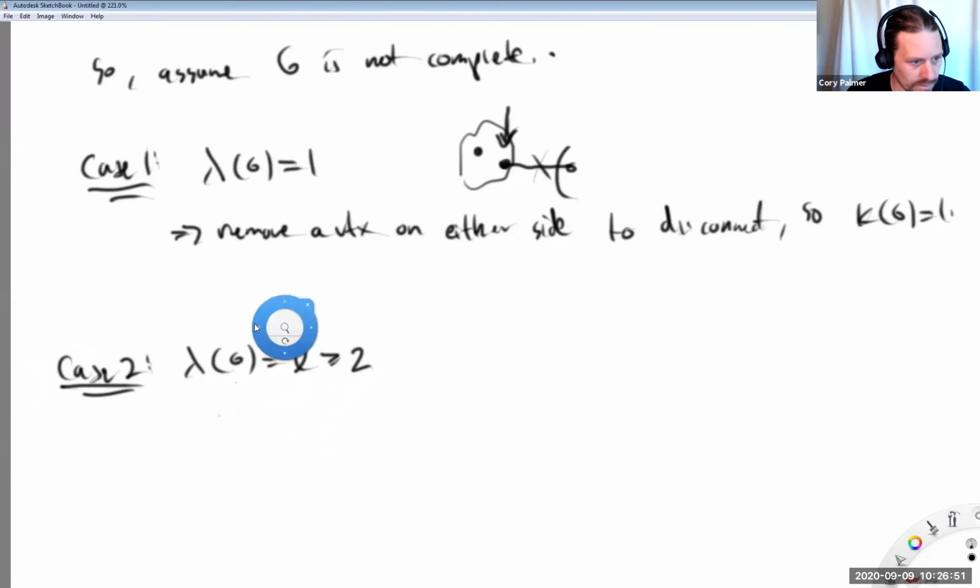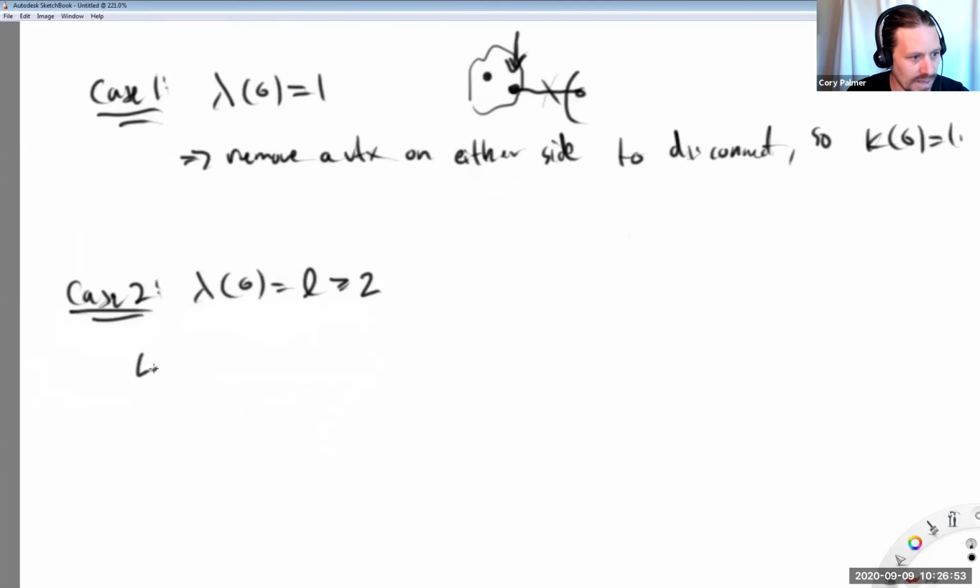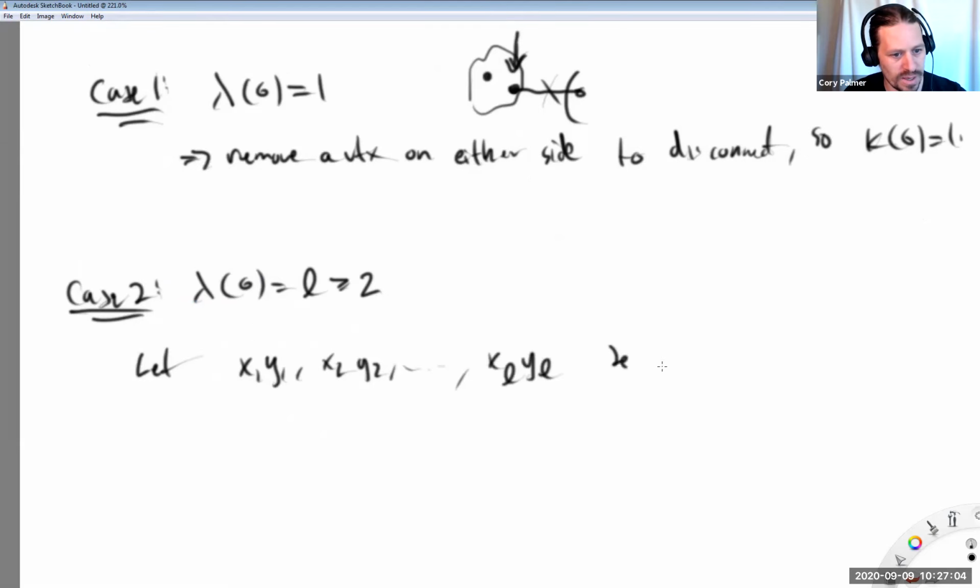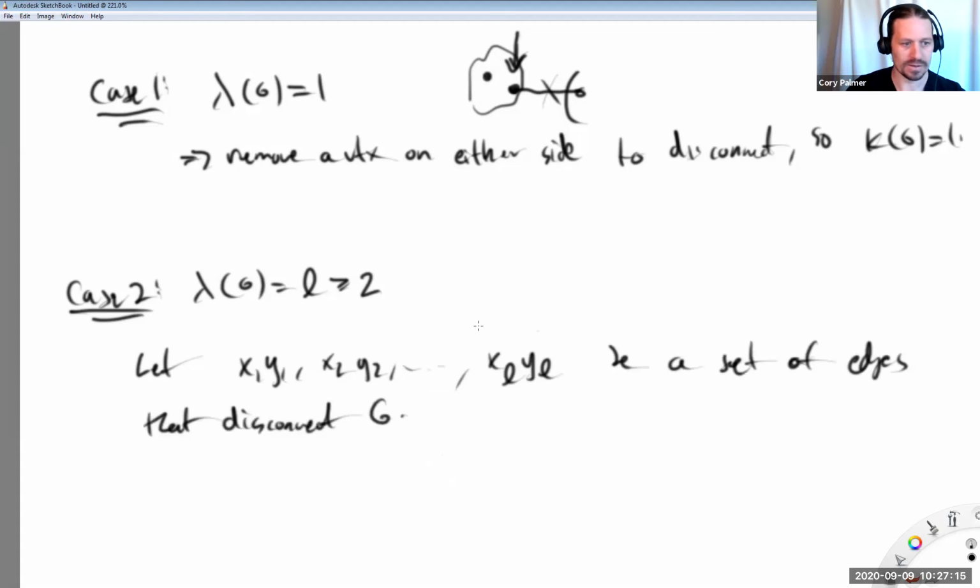Okay, all right, so let's call it x1, y1, x2, y2, and so on and so forth, xL, yL be a set of edges that disconnect G. So here's L edges that disconnect G, and this set L is minimal, right?